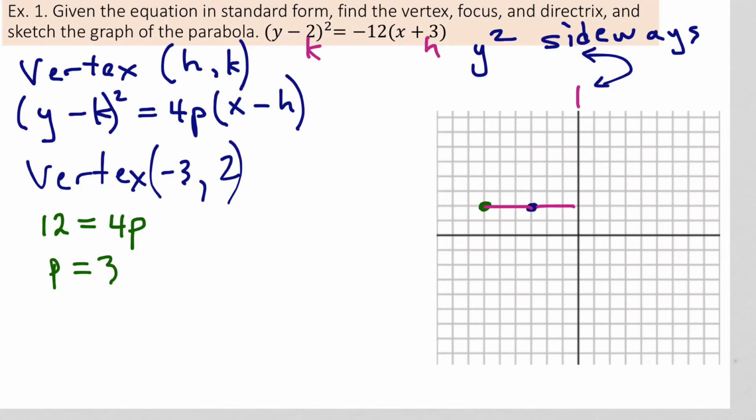It's going to correspond to the y-axis, actually, in this case. That's my directrix right there. I'll just abbreviate it, directrix. So the coordinate pair for my focus, if I read the coordinates off my graph, is negative 6 in the x, 2 in the y.